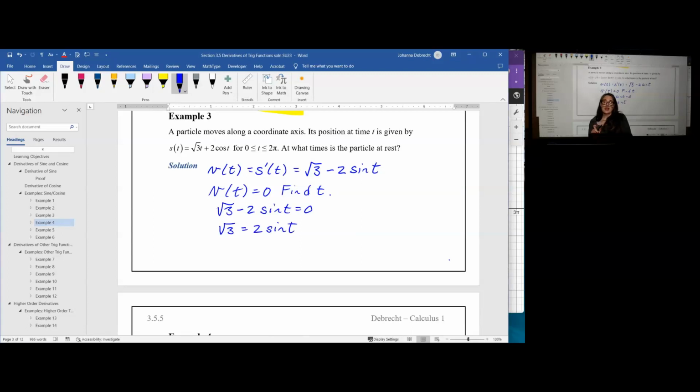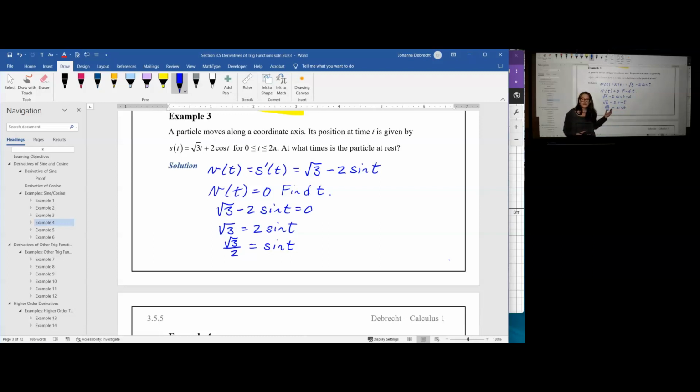Isolate as much as you can the t. Divide both sides by 2 to get root 3 divided by 2 equal sine t.